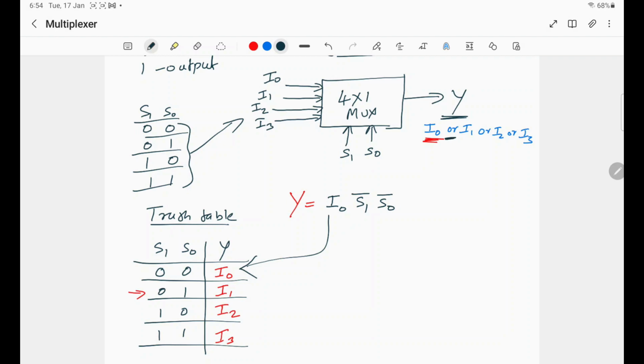Now the OR condition, that is plus, we will get I1 also. We will get I1 only in this condition, that means S1 is 0 and S0 is 1.